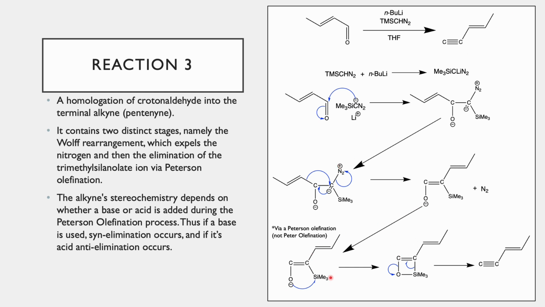The next step of this reaction is the Peterson olefination, and in this the electrons on this negatively charged oxygen are shifted onto this silicon, which makes a bond, as you can see here.